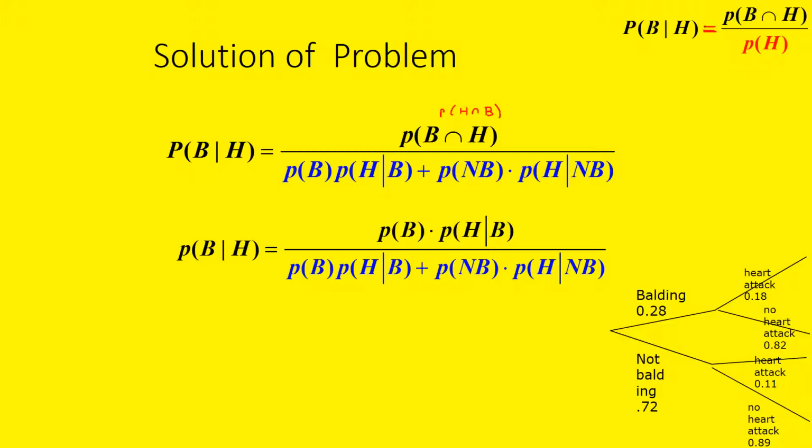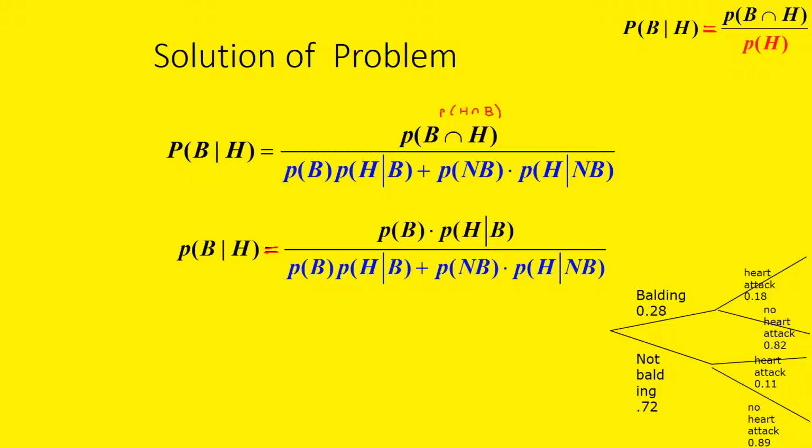What's the point of all this? Well, the point of all this is now to write the probability of B given H in terms of pieces for which we know the values. Because the probability of balding, we know that. Probability of heart attack given balding, we know that.